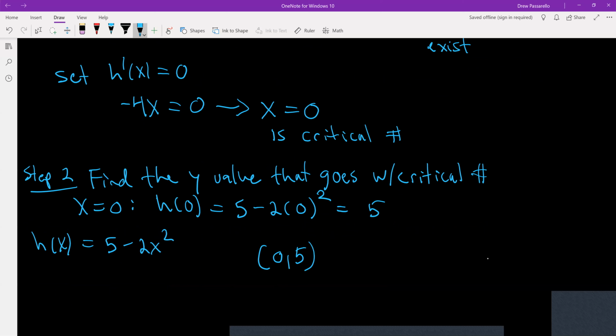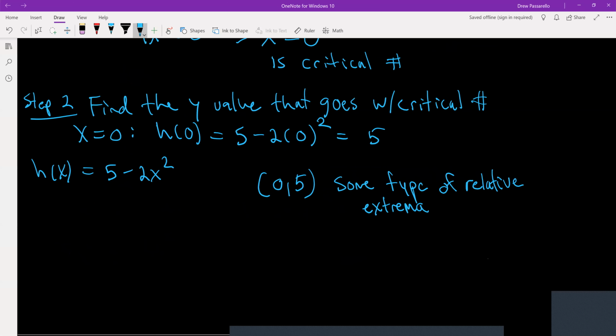This is the point corresponding to the critical number, and that would be some type of relative extrema, meaning it could either be a max or min. We don't necessarily know that. Okay, so that's the first two steps.